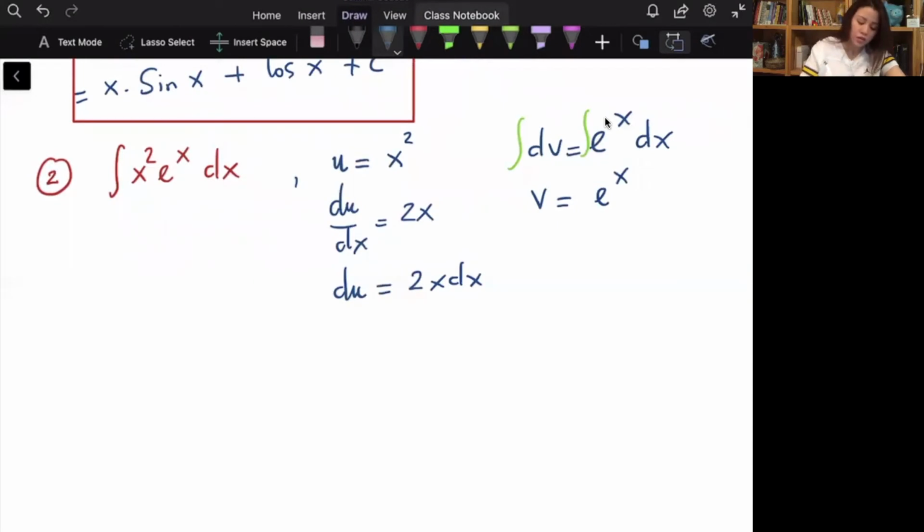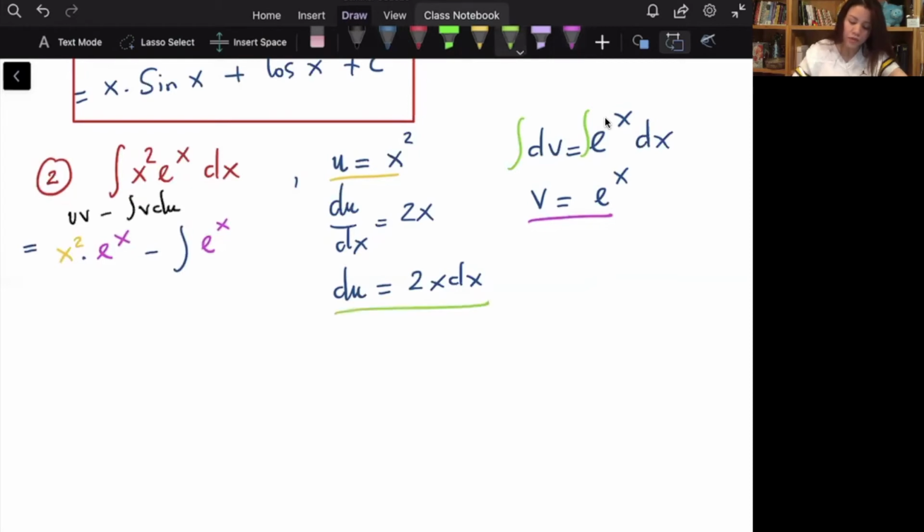So this equals, let me rewrite the formula here for you. Remember the formula is uv minus the antiderivative of v du. So my u is x squared, times the v part, e to the x, minus the antiderivative of v du, which is e to the x, and du is 2x dx.